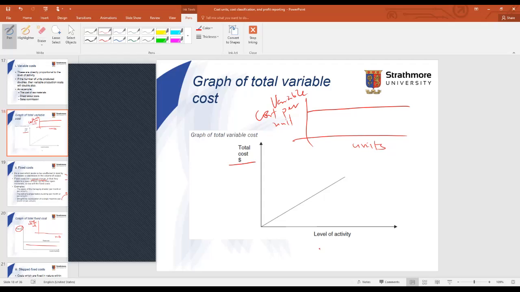Therefore, the total cost will be increasing based on the number of units that you're producing. The more you produce, the more raw material, the more ingredients you'll be consuming.